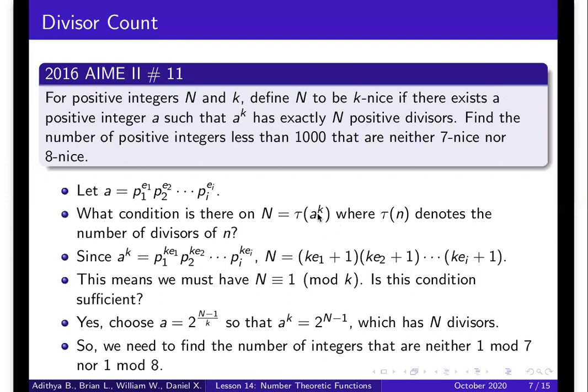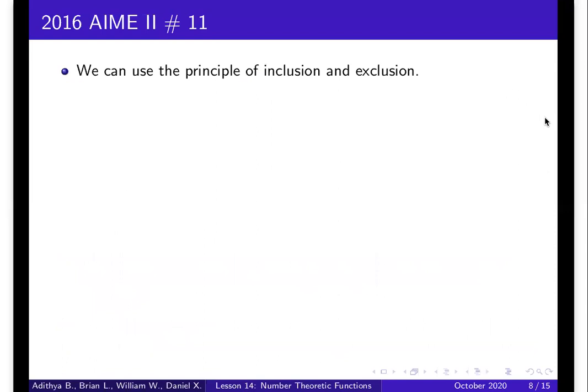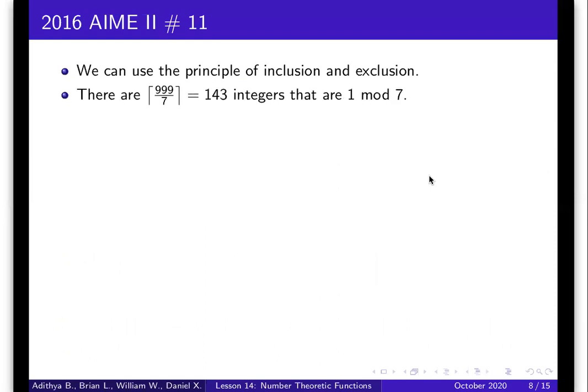And we can just use the principle of inclusion and exclusion for this. So first, the number of integers in this range that are 1 mod 7 is the ceiling of 999 over 7, so this comes out to 143.